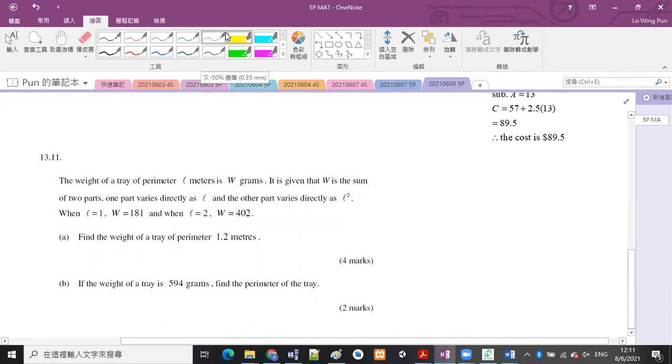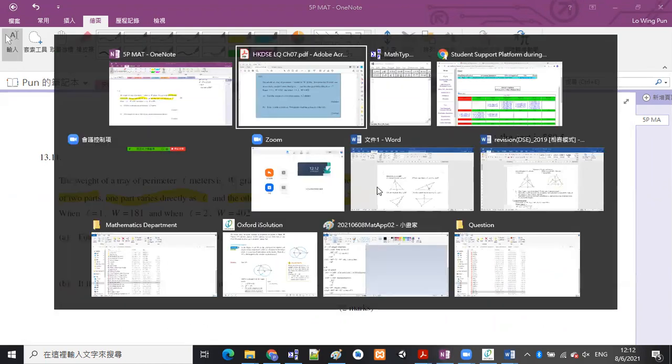Can you highlight first, and I'll teach you to highlight the relevant sentences? Okay. W is the sum of 2 parts again. One part varies directly as L, and the other part varies directly as L squared. Can you see this? And then, which one is to be the subject?